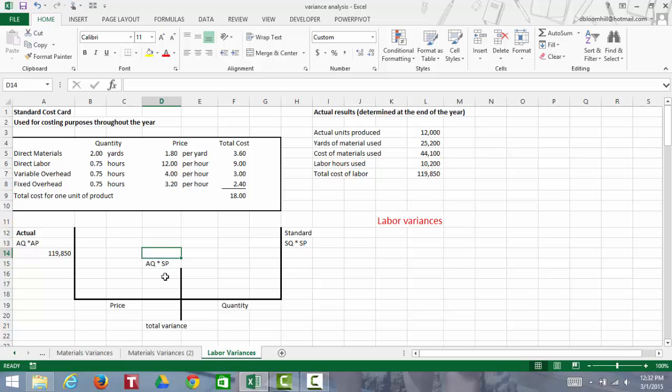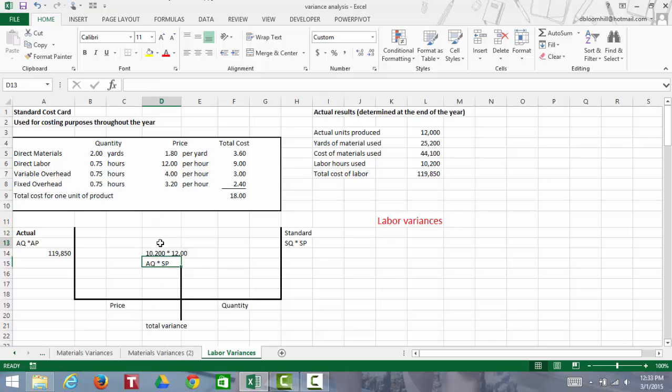In the middle prong, we want to take the actual quantity and multiply it by the standard price. So we can see under our actual results, the actual labor hours used, 10,200. That is our actual quantity. So we'll take 10,200 actual labor hours and multiply it by our standard price of labor from the standard cost card, $12 per hour.